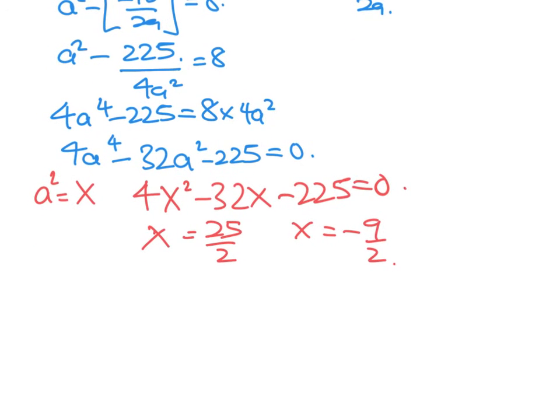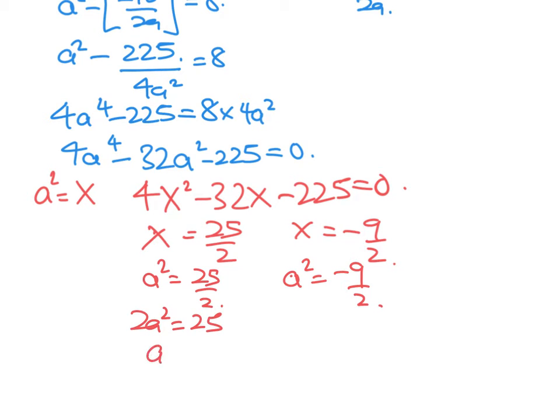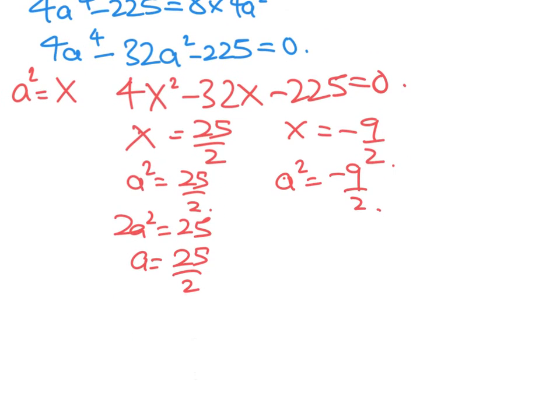Therefore we know a square equals x, so a square equals 25 over 2 and a square equals negative 9 over 2. Taking the first, 2a square equals 25, so a equals the square root of that, and a equals plus and minus 5 over 2.